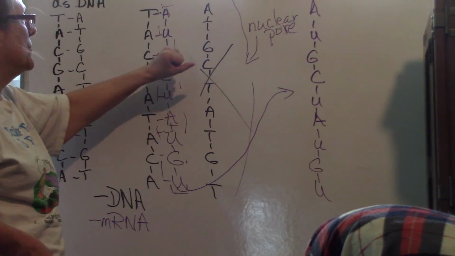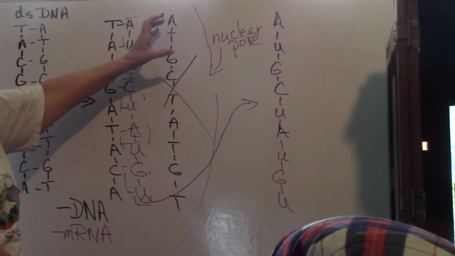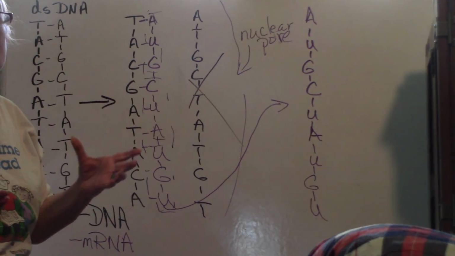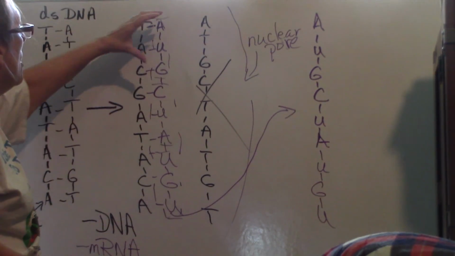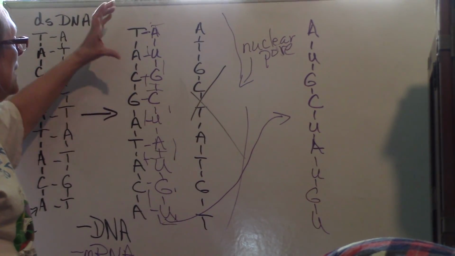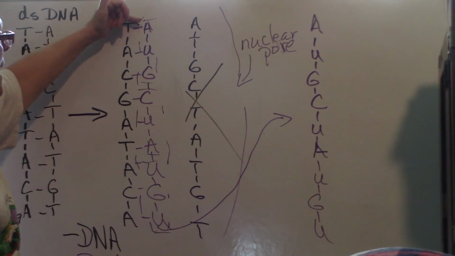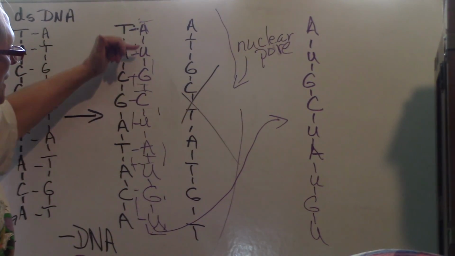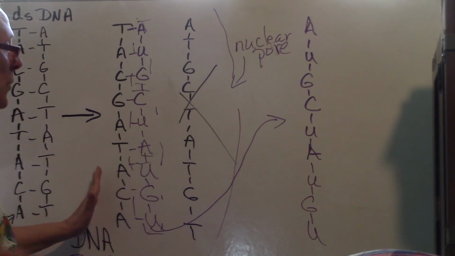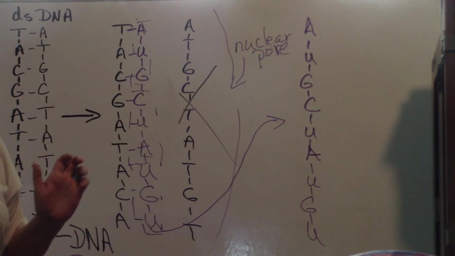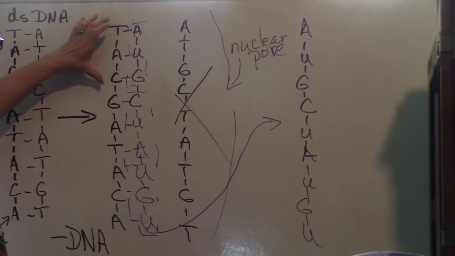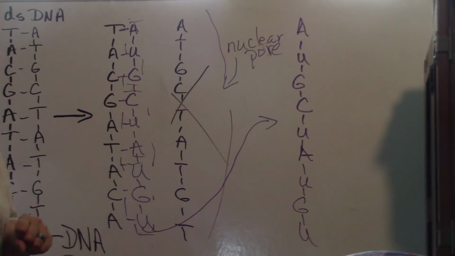There are enzymes involved. Initiation is when, in fact, the main enzyme here is RNA polymerase. RNA polymerase binds the gene and starts putting the RNA nucleotides, base pairing them with the DNA nucleotides of the gene. Okay? So when it first starts, that's initiation.